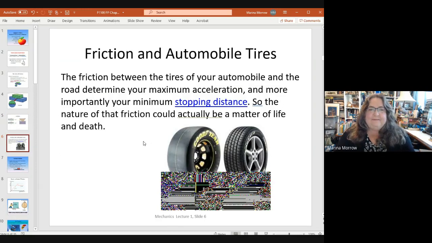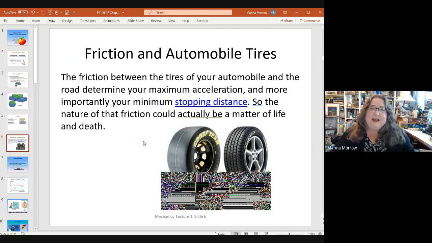Okay, now this matters for you when you are driving a car. Currently it's summer when I'm making this video, so we've got fairly dry roads. So you've got pretty good friction there. But when roads get wet or icy, that reduces the amount of friction.